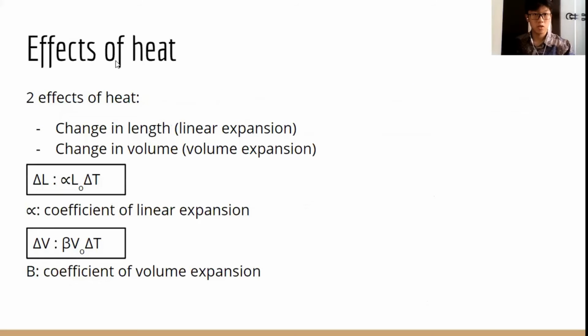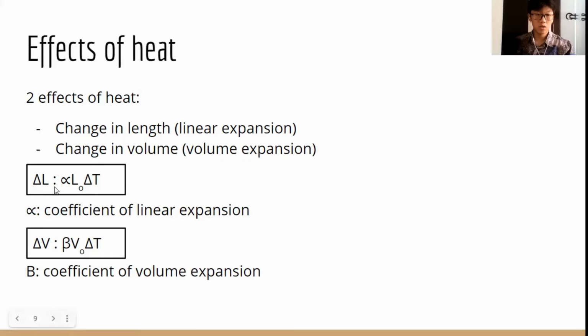So effects of heat. Heat can affect a substance in two ways. So there could be change in length, or we call linear expansion, and change in volume or volume expansion. So for linear expansion, this is the formula.